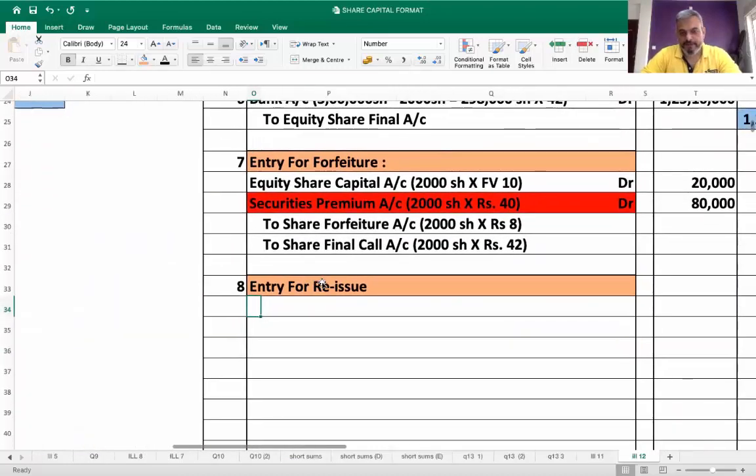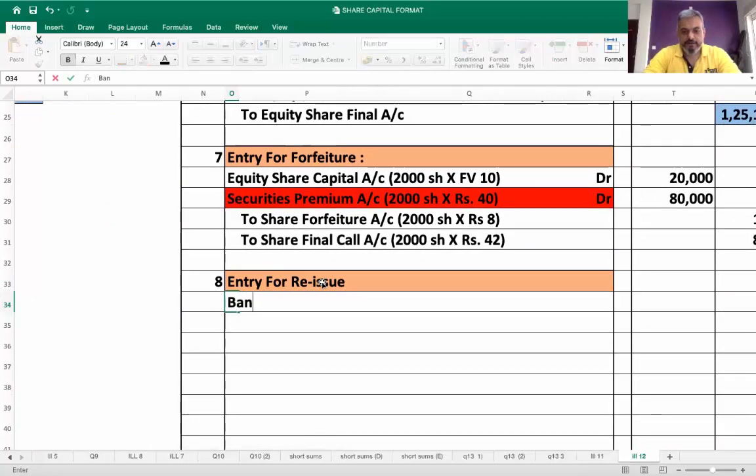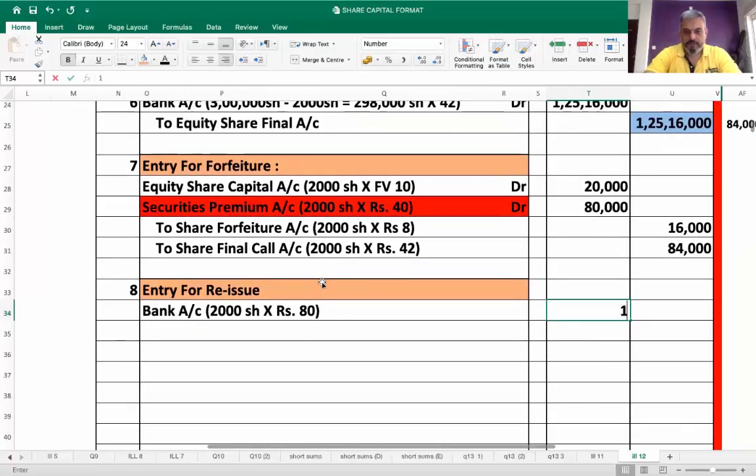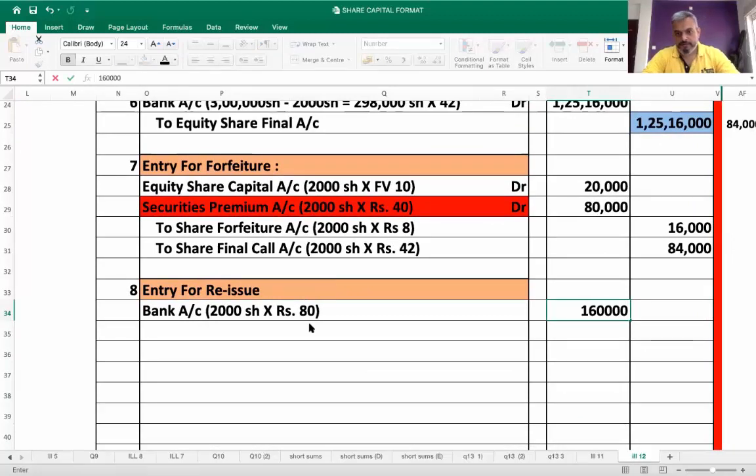So 10 rupees ka face value ka share we reissued at 80. So good for us. 2000 shares into rupees 80, 1,60,000.